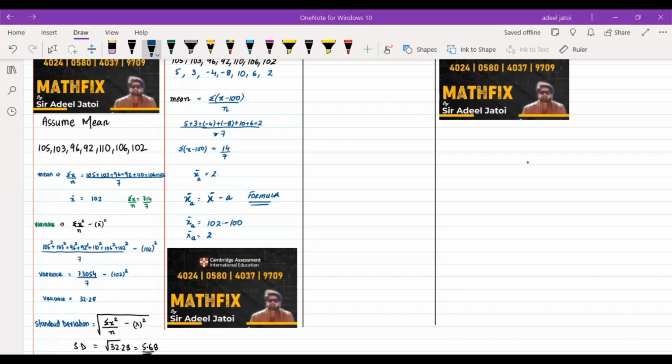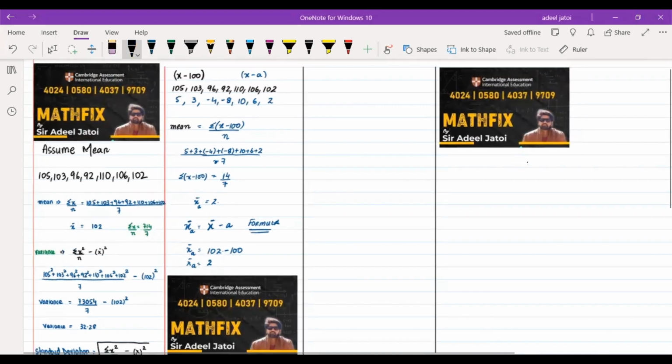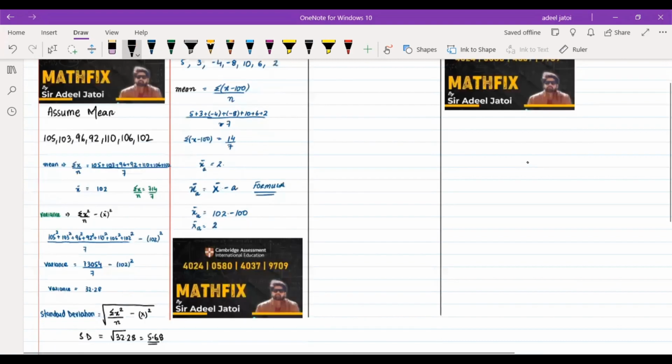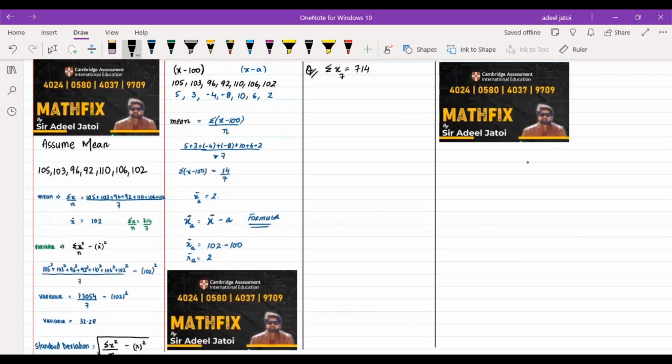Now, the question might be given in this form as well: your normal x is given, where the summation of x over 7 numbers is equal to 714. That means the total of 7 numbers is 714. And you will be told that your assumed data is reflected by x minus 100.